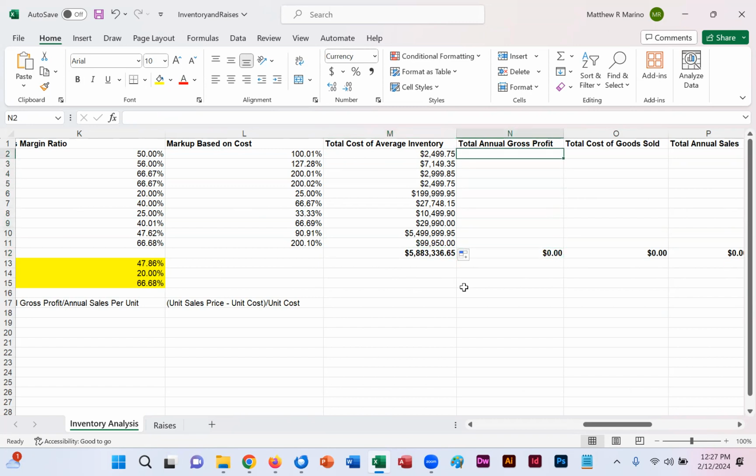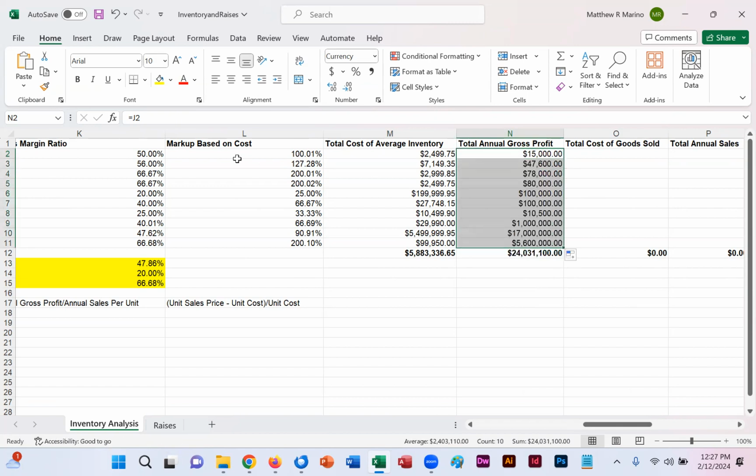And we do the same with our total annual gross profit. We already have our gross profit in J. So we click equals J2, enter, auto fill down. So it just copies everything from J so we can total it up. Same thing for total cost of goods.